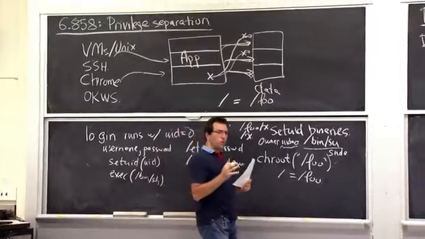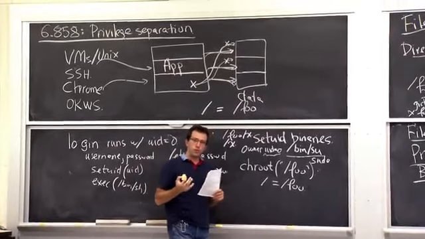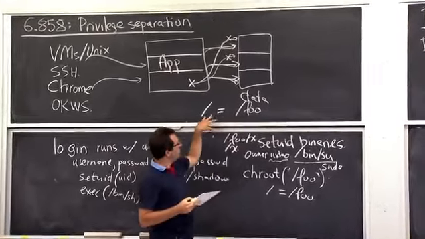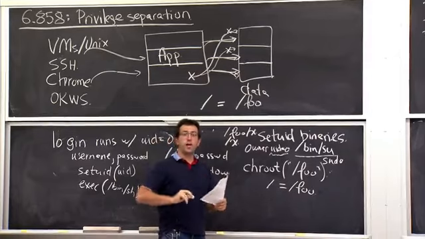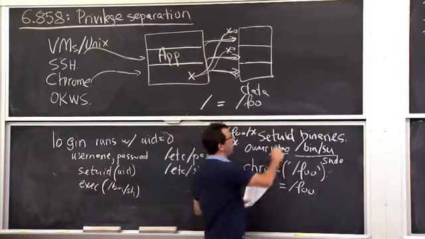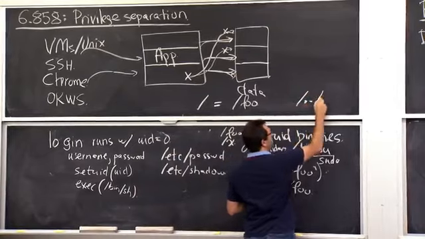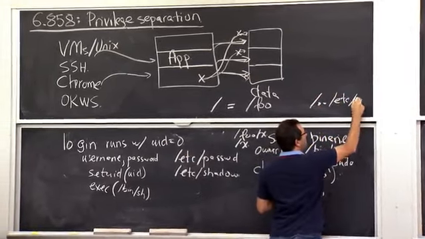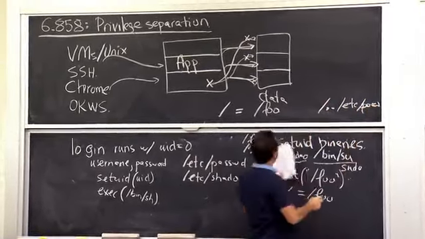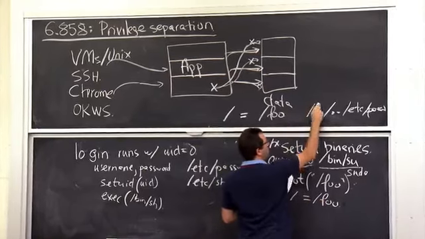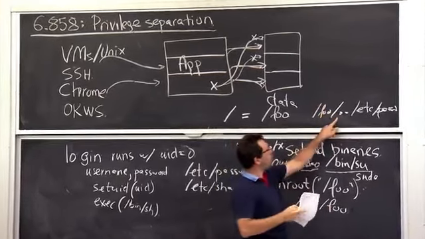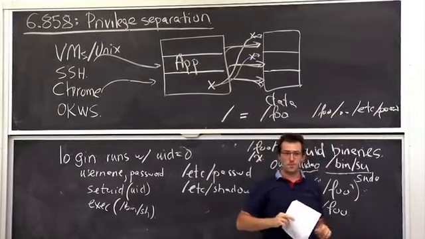The other thing that the kernel does is it tries to prevent you from escaping out of your / by doing .. Because you could imagine in Unix, I could ask for, give me /../etc/passwd. If the kernel just prepended /foo, this would not be good, because I could then walk out of /foo and go get /etc/passwd.